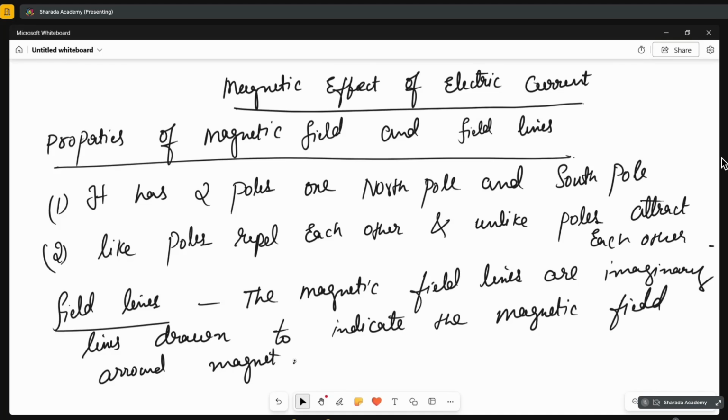Okay. So magnetic field lines, they are the imaginary lines drawn to indicate the magnetic field around the magnet.